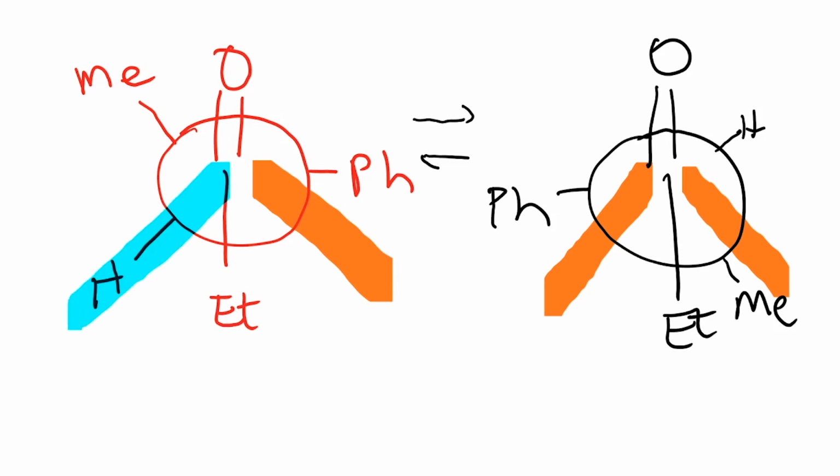Okay, so now if we consider that lithium aluminum hydride attacks from this particular trajectory, the hydride, the way we write it is H3AlH minus, and this is the one that's going to attack from here.